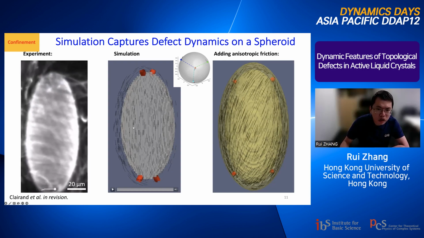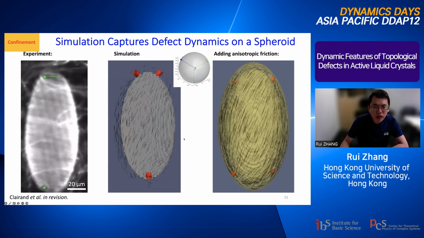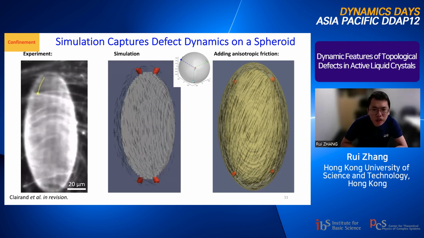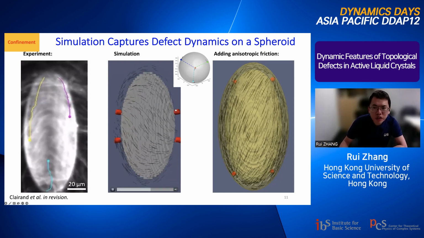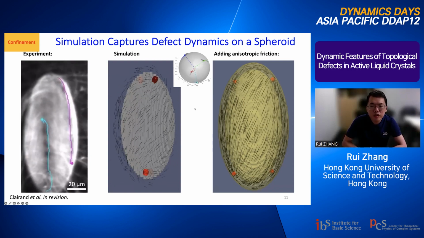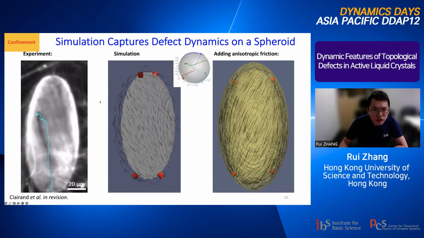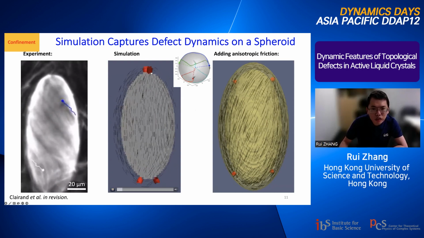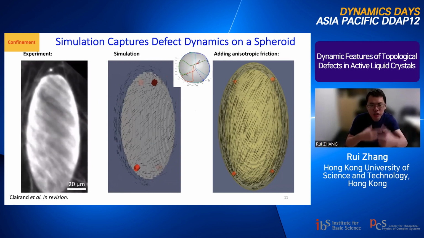And qualitatively, we can see that also in the simulation, the 2 defect pairs initially spiral near the poles and then exchange positions. So these trajectories are very similar to the trajectories that we have obtained from a spherical system. But there's a difference because in our simulation, the handedness of the defect pairs will change alternately as they exchange positions.